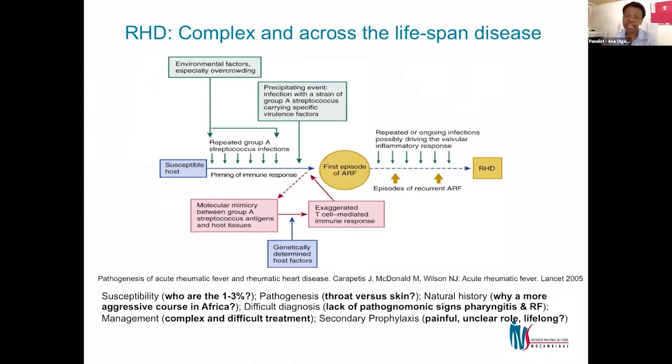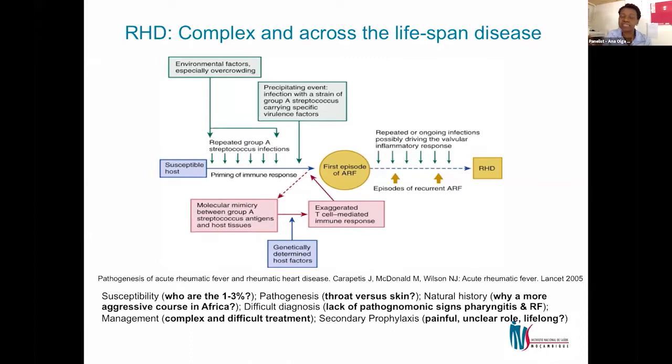However, data are not available as much as we would like, also linked to the fact that this is a neglected disease. It has been a neglected disease, and only recently a lot of efforts have been made to clarify some of the unclear issues on its pathogenesis, on its diagnosis, and on its management.